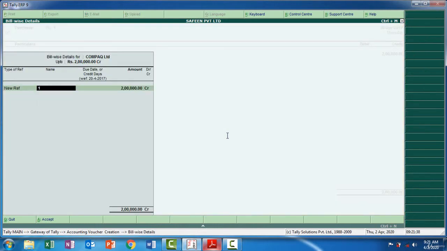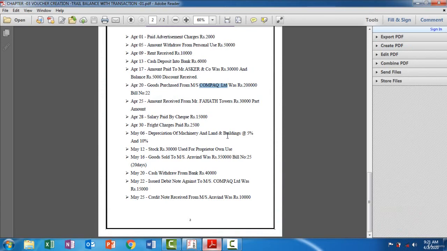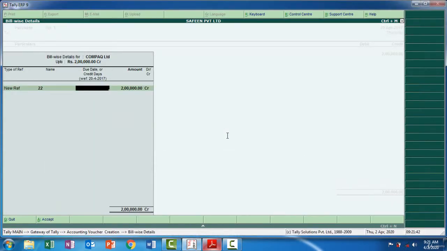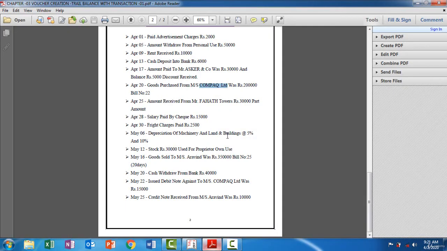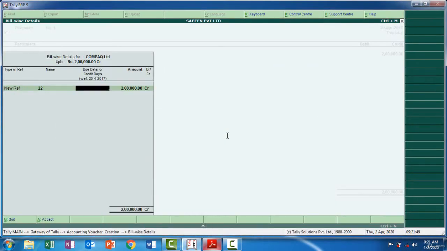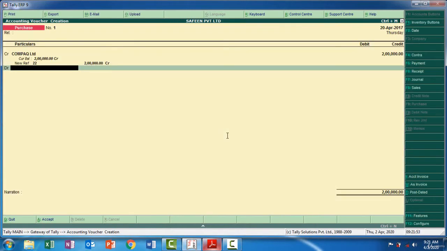New reference. The bill number is 22. Due date, there is no due date, so I'm going to put no due date. The amount 200,000. And then debit is, what's the debit?